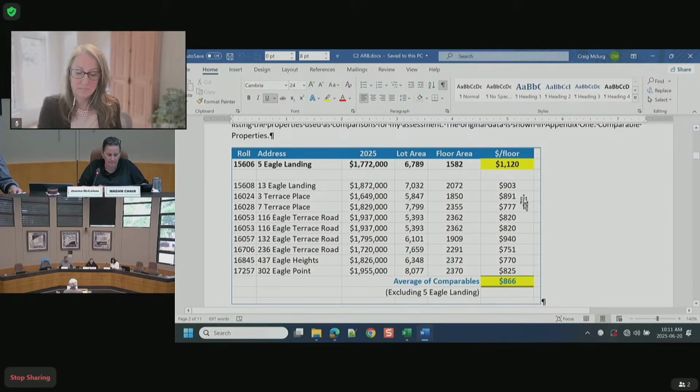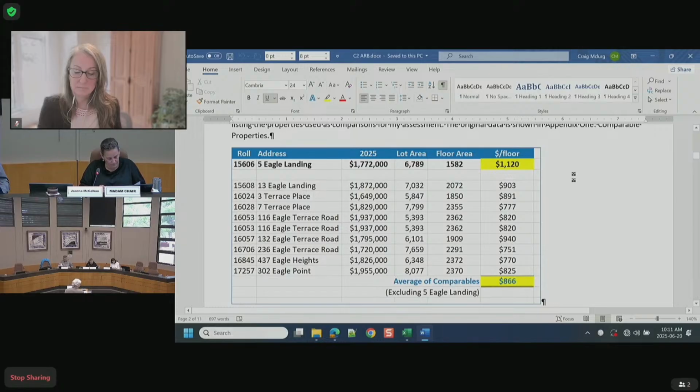There were 11 different properties that were provided as comparables, and they're all larger than mine. And I did an average of the dollars per square foot, which is apparently $286 higher than what I am paying. So I believe that this is an outlier.